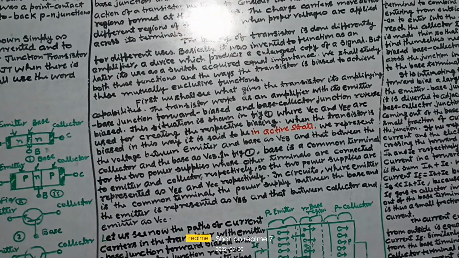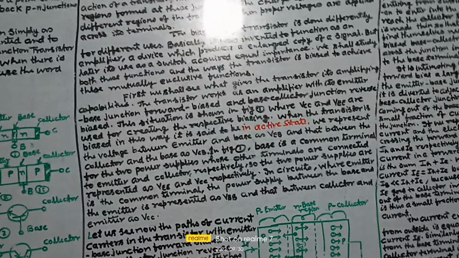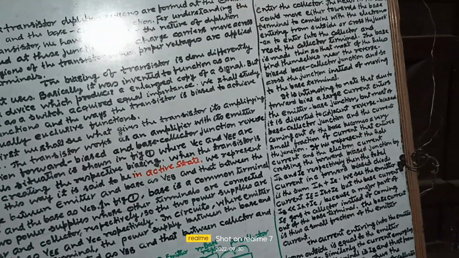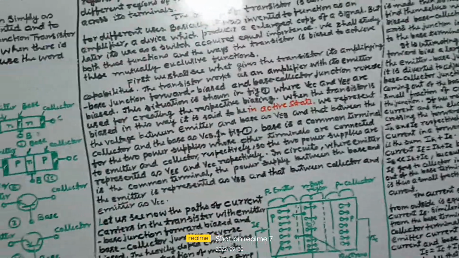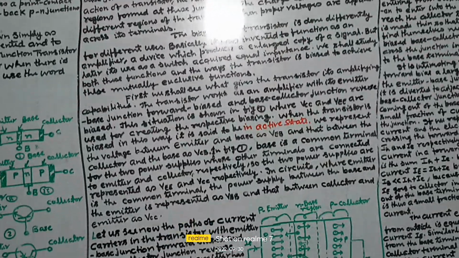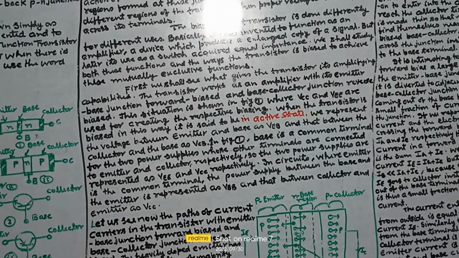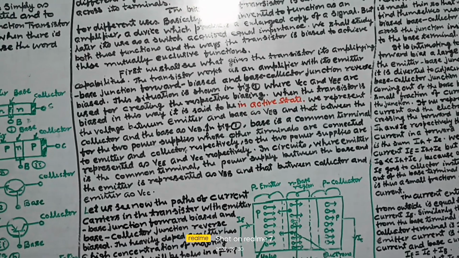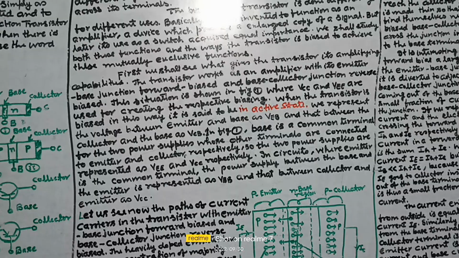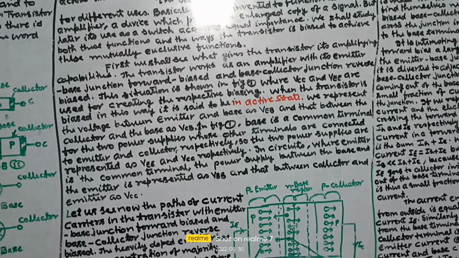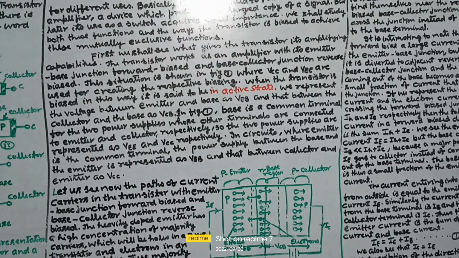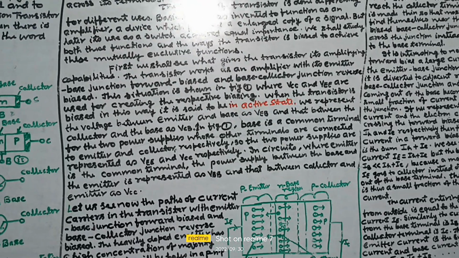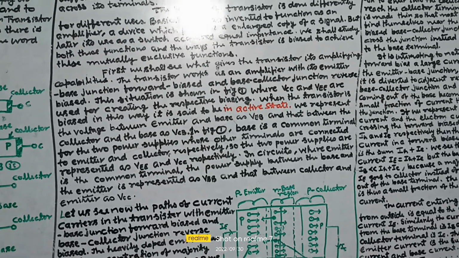This situation is shown in figure 1, where VC and VE are used for creating the respective bias. When the transistor is biased in this way, it is said to be in active state. We represent the voltage between emitter and base as VEB and that between the collector and the base as VCB.